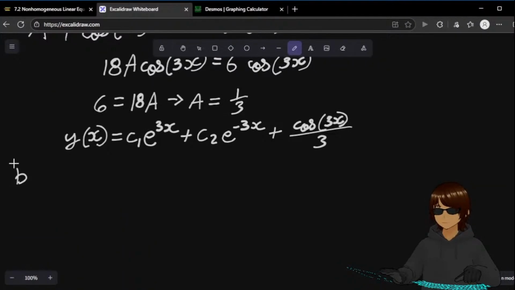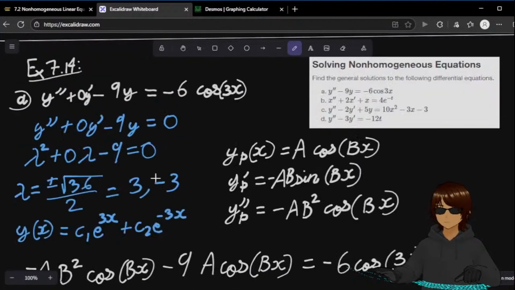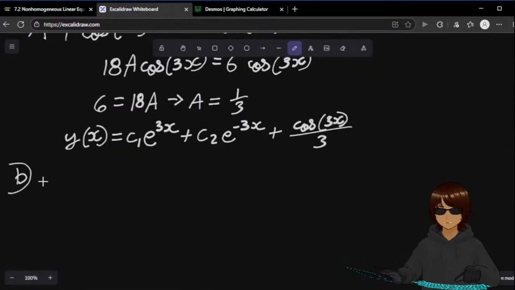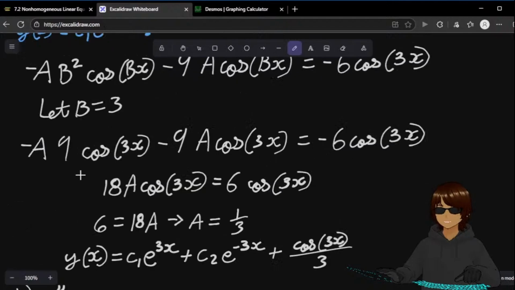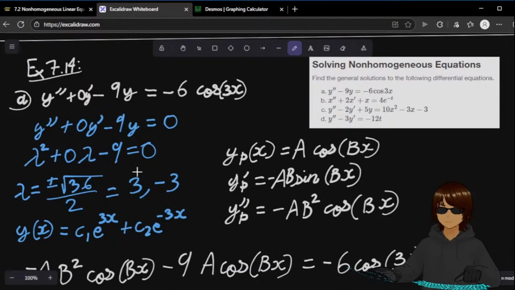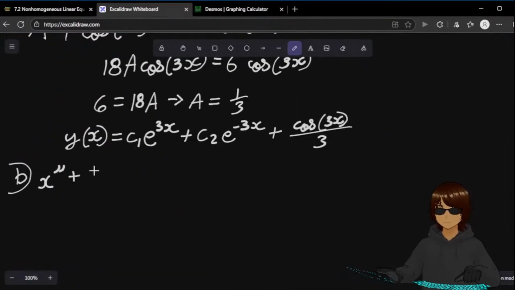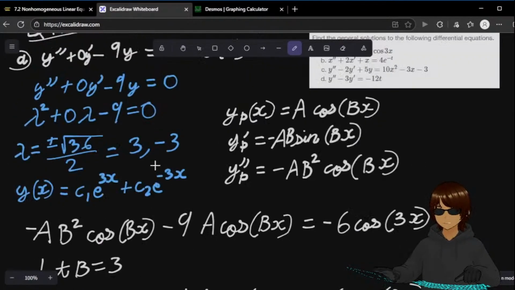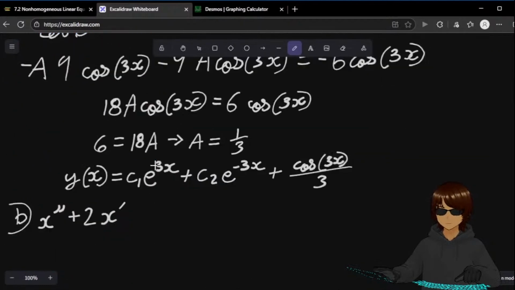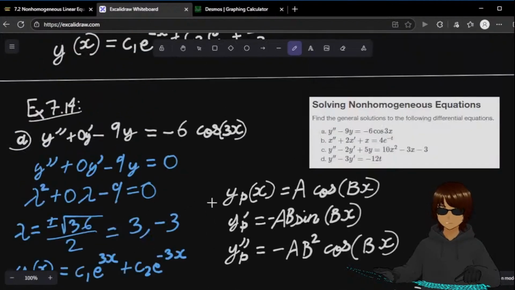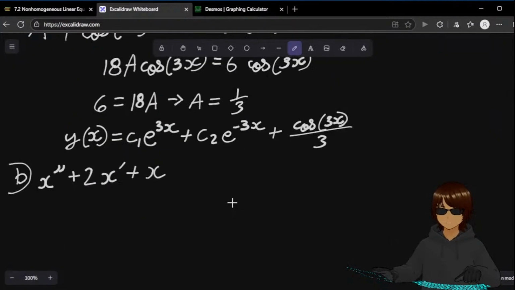Question B. Double derivative of x plus 2 derivative of x plus x equal 4e to the power of minus t.